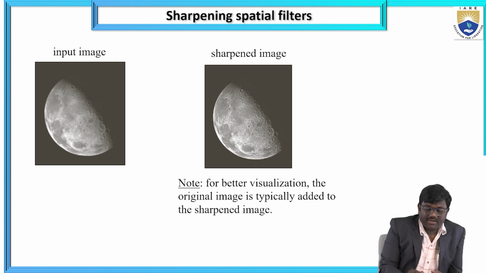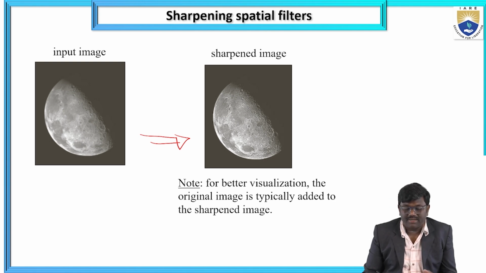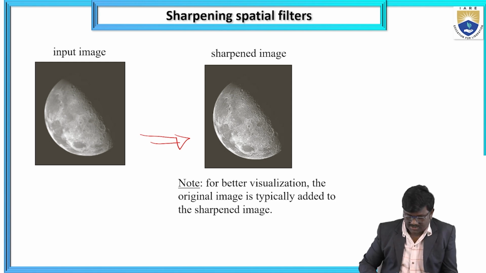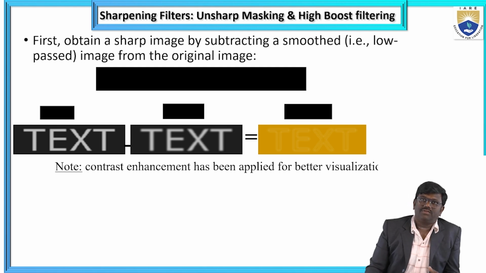For example, take these two images, the input image and the sharpened image. For better visualization, the original image is typically added to the sharpened image. Sharpening filters are also extended as unsharp masking and high boost filtering. First, obtain a sharp image by subtracting a smoothed, that is low pass filtered, image from the original image.